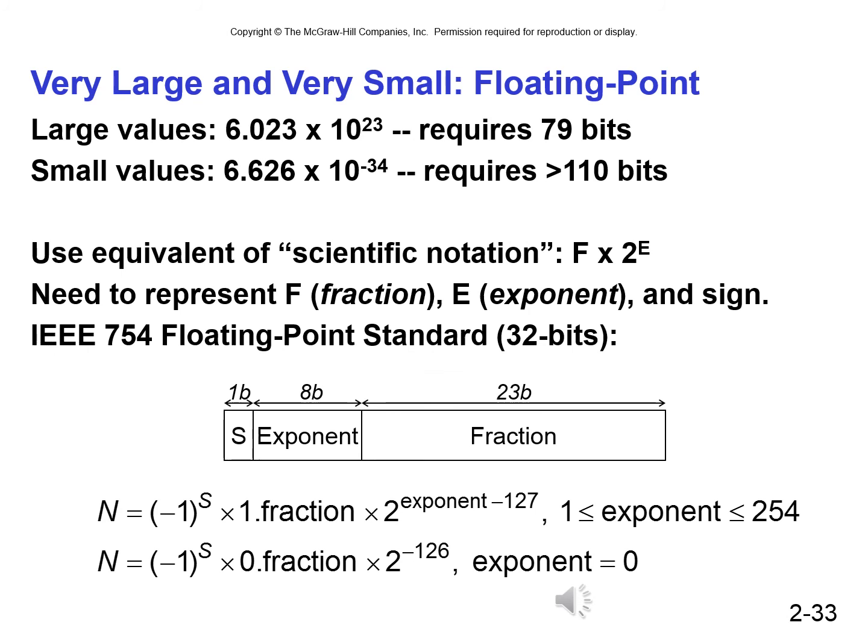For very large and very small decimal numbers, we use what's called floating point precision. The first standard for representing base 10 decimal numbers in binary was the IEEE, which stands for Institute of Electrical and Electronics Engineers. The IEEE 754 standard for floating point numbers is a 32-bit standard.